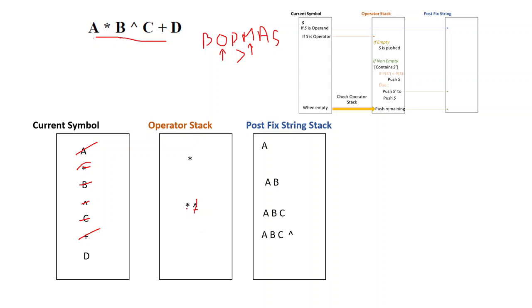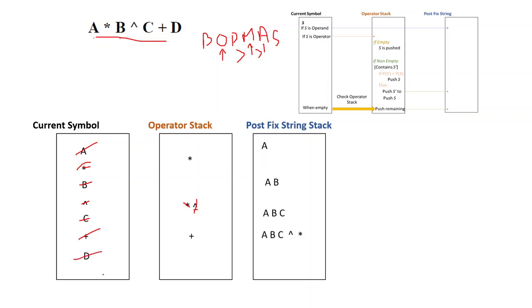Now the stack contains multiplication. Now we need to consider the precedence between addition and multiplication. This is your addition, this is your multiplication. Clearly this is greater than this. Therefore we will also push multiplication to this side and then we push addition to the operator stack.